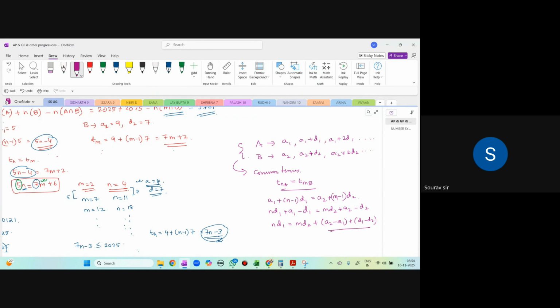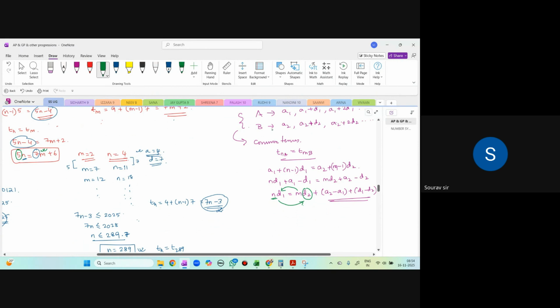So this is a constant. This will be a constant. Now in this, n will follow an AP whose common difference will be D2, and m will follow an AP whose common difference will be D1. And this will give you the terms which are common to both.